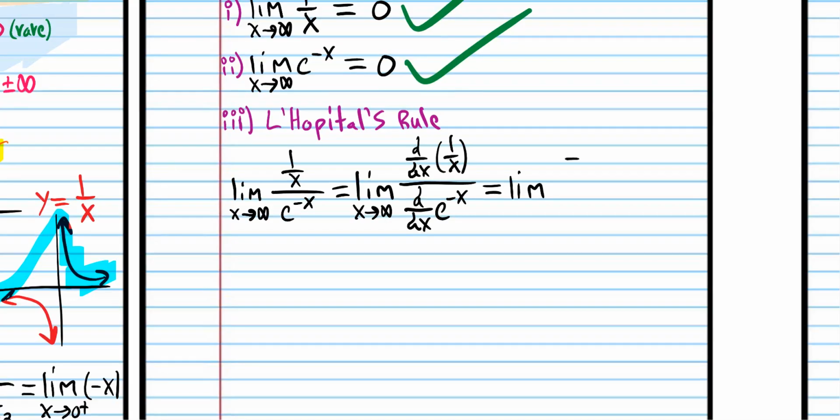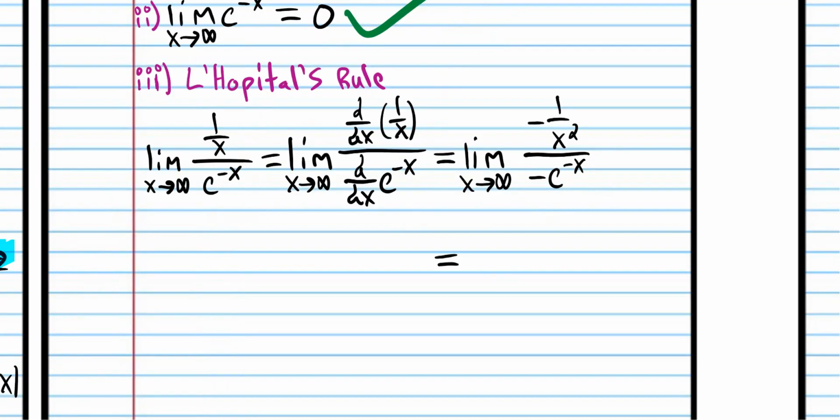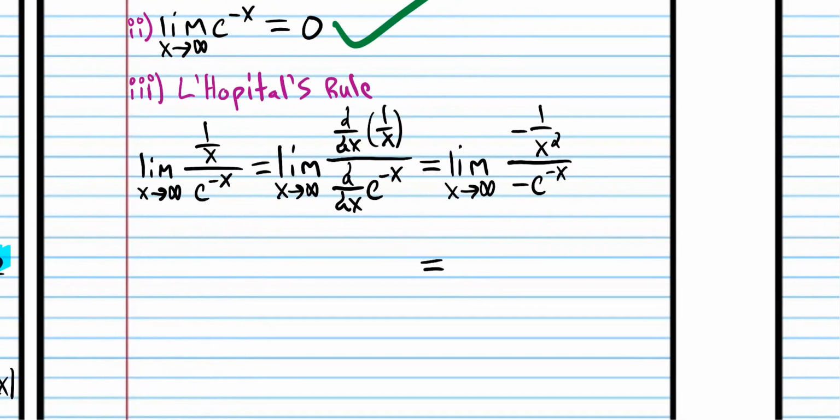So we get -1 over x squared and negative e to the negative x. And this is a complex fraction. So when we simplify, first of all, the negatives are going to cancel out. If we change this to a positive exponent, then we end up with e to the x over x squared.